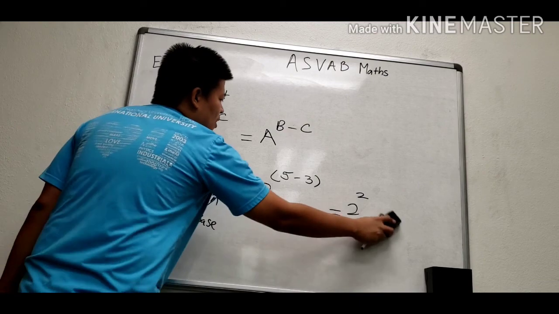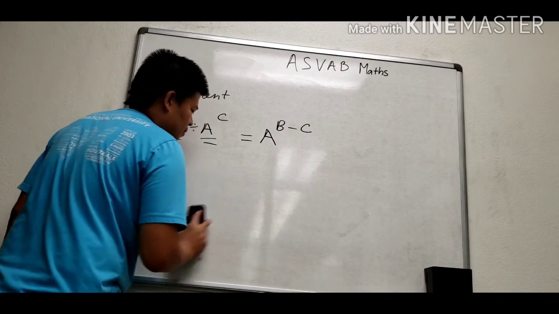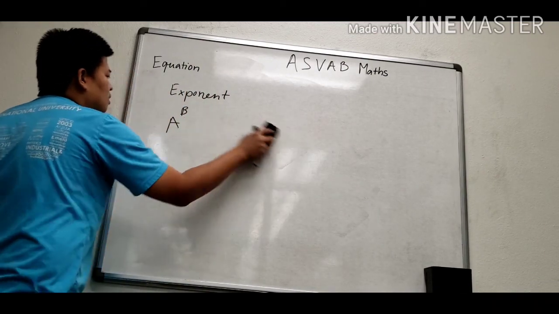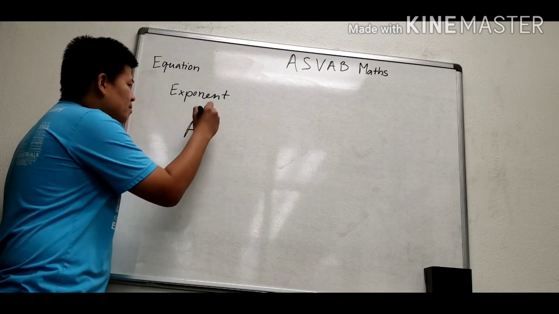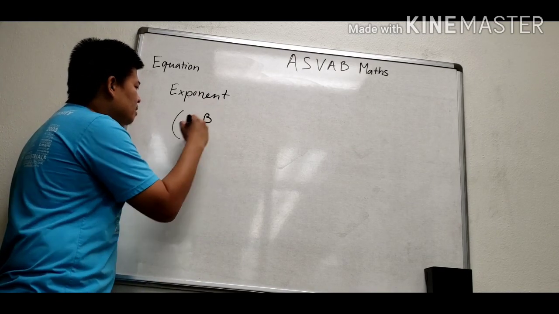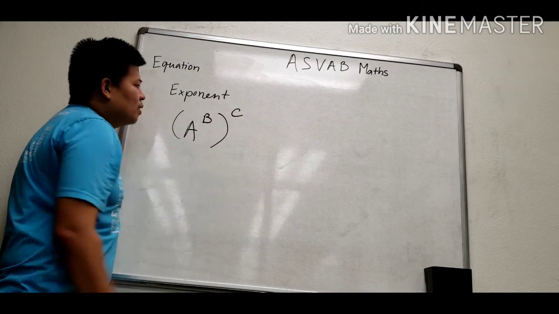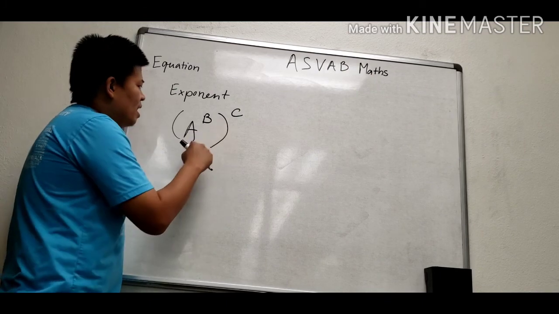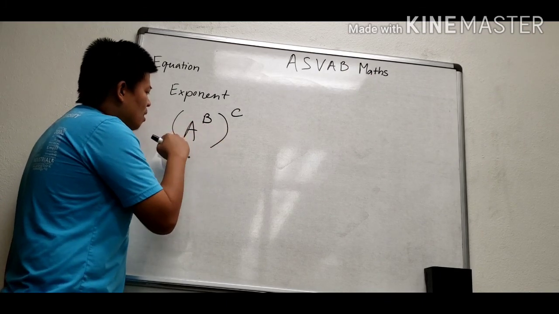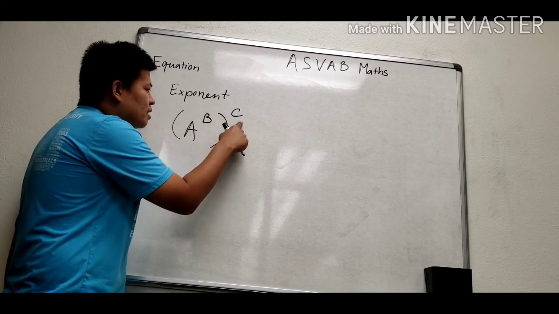The next formula: we have a power b, in a curved bracket, with c.